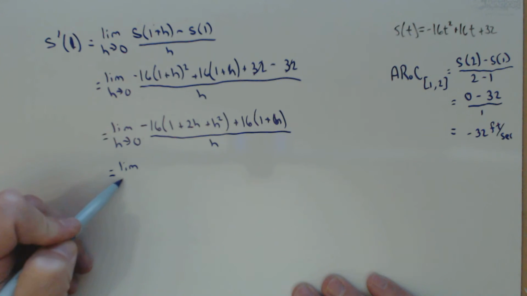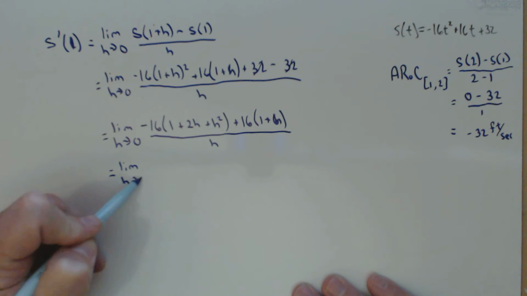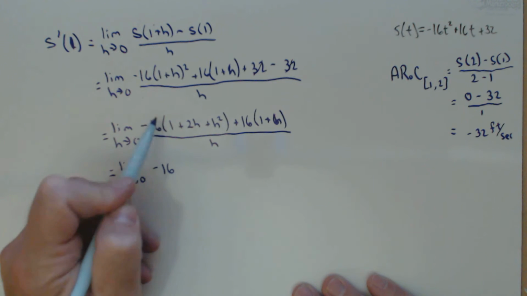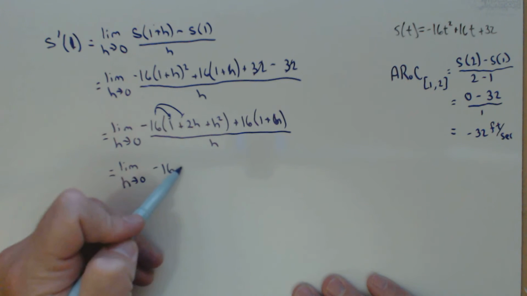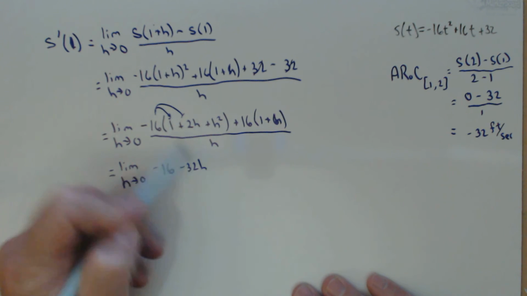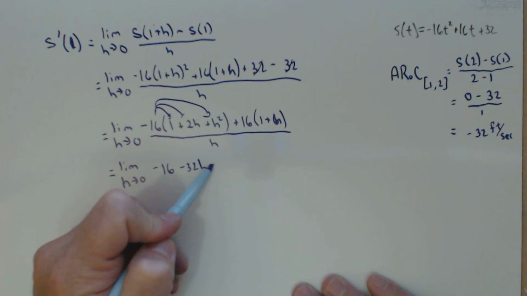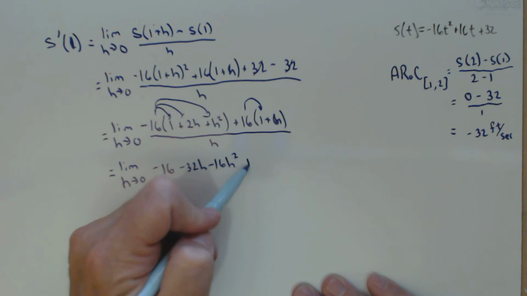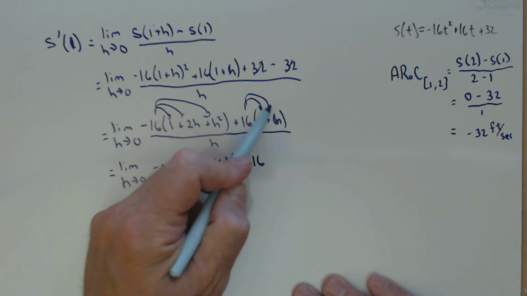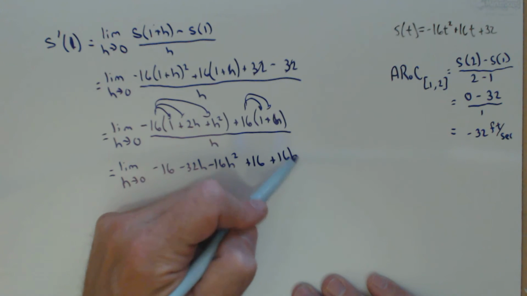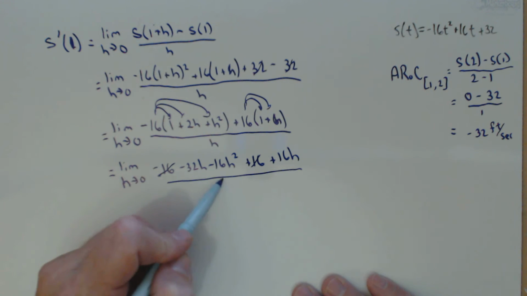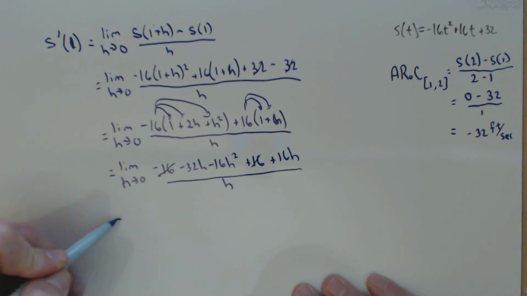Now we haven't taken the limit yet, so we should still be writing it out front. Limit as h goes to 0. Now let's distribute. We have minus 16 minus 32h minus 16h squared plus 16 plus 16h. Those 16s will cancel. Kind of skipped putting it over h there.